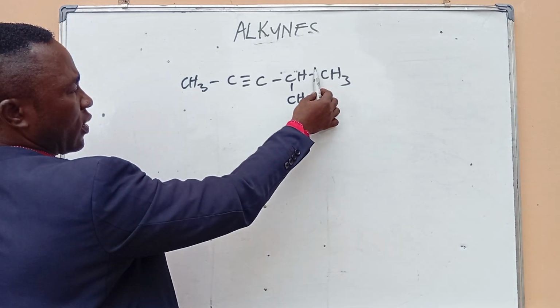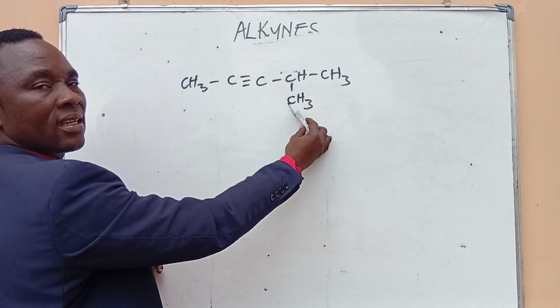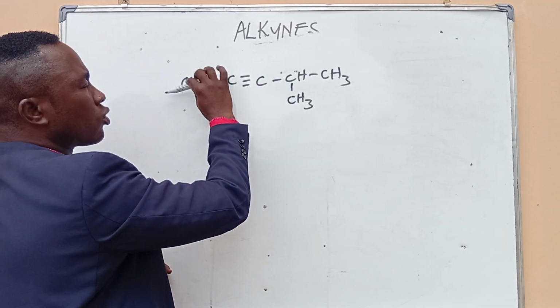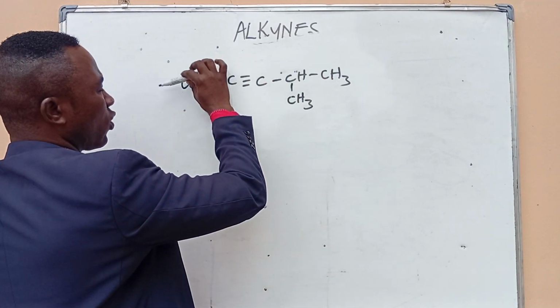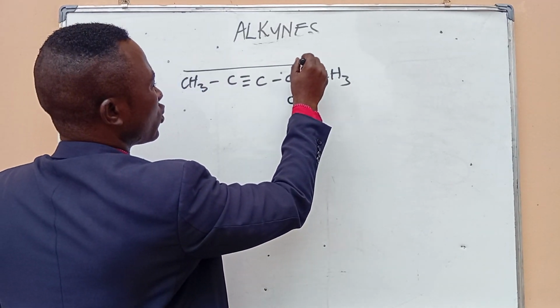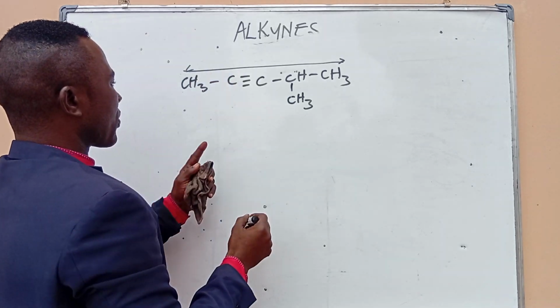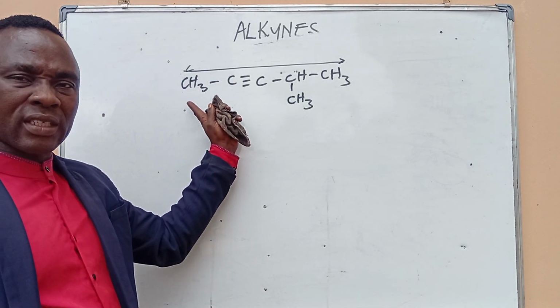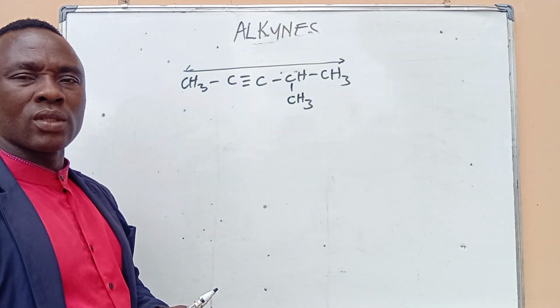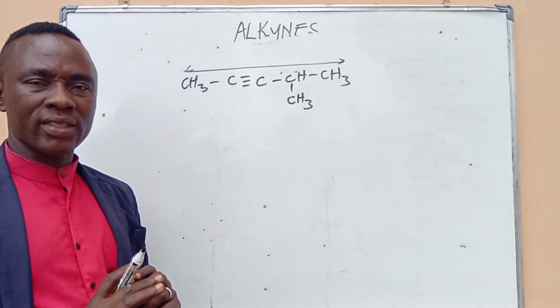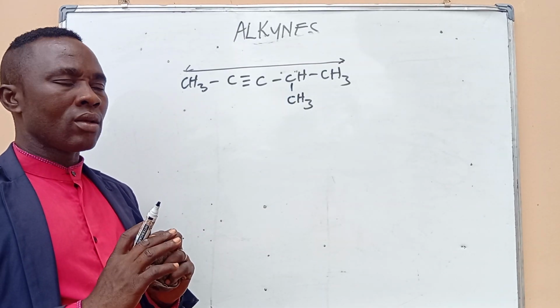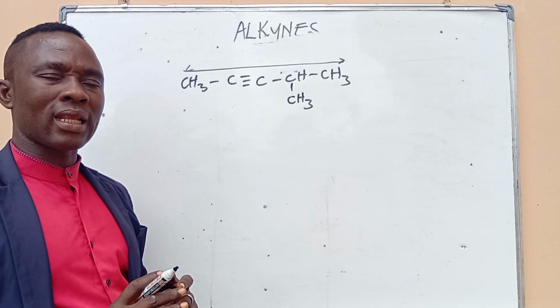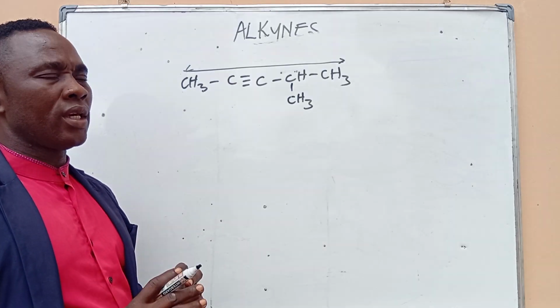If you look at it this way, you will not meet any triple bond. But when we go through the straight way, as we go from here to here, there is the presence of a triple bond. So this is the longest carbon chain that bears the triple bond. Rule number 1: identify the longest carbon chain that bears the triple bond.